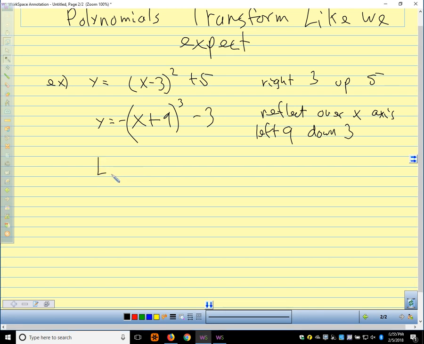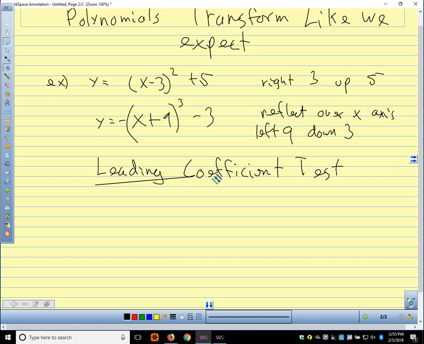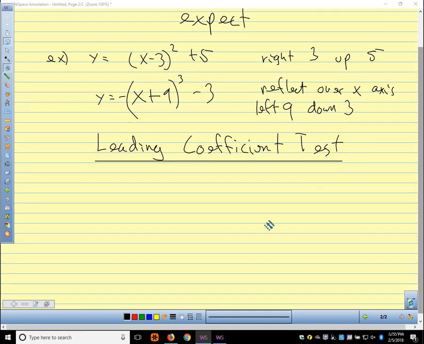The next thing that we need to talk about is called the leading coefficient test. The leading coefficient test is a way that we can tell what happens to our function eventually. So what we're interested in is f of x equals a sub n x to the n plus dot dot dot. All we care about is the term with the highest power of x.